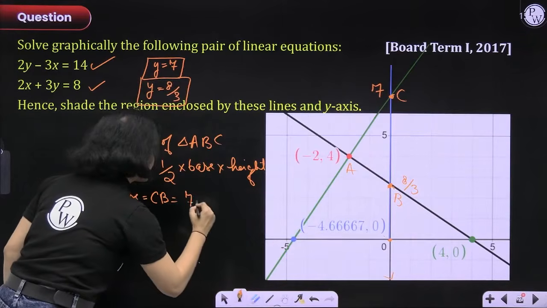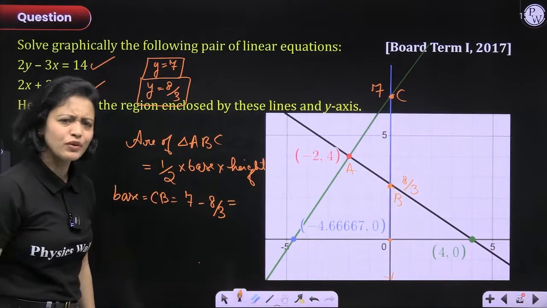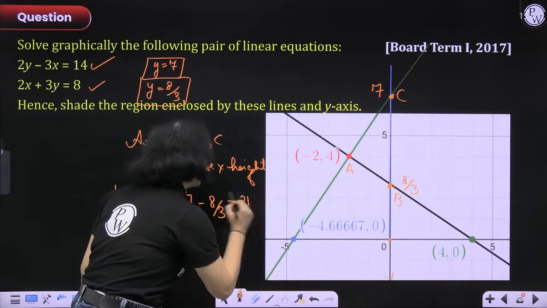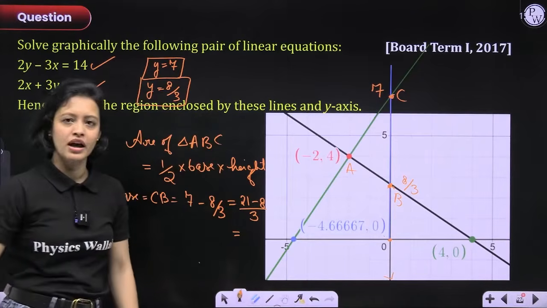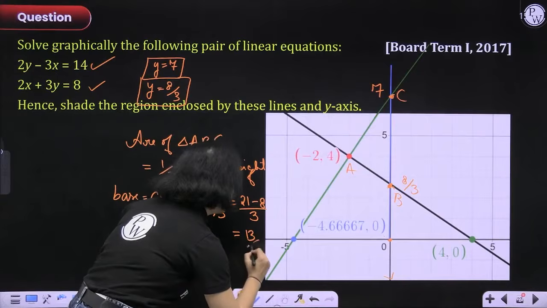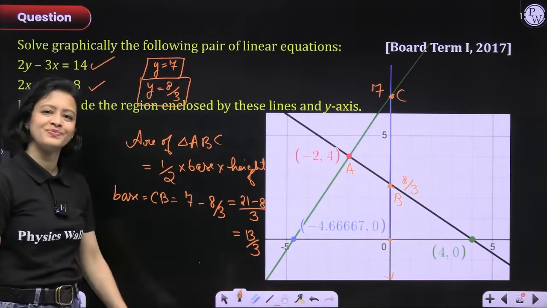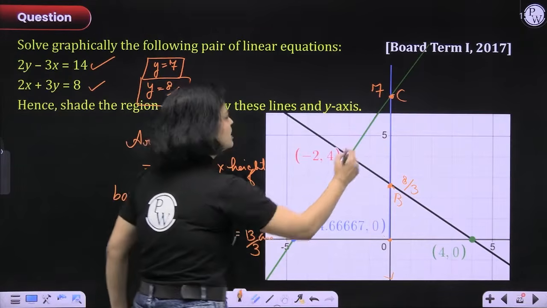So 7 minus 8/3. That's it. Did you understand what we are doing here? So what will this come out to be? 21 minus 8 over 3, right, everyone? So this will come out to be 13/3. Okay, simple. So 13/3 centimeter is your base.